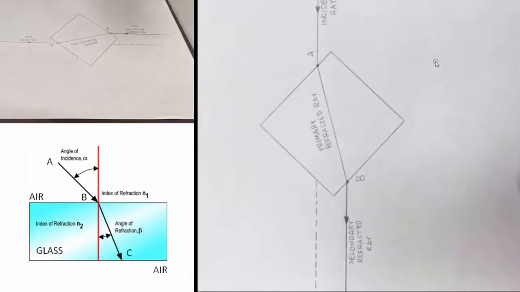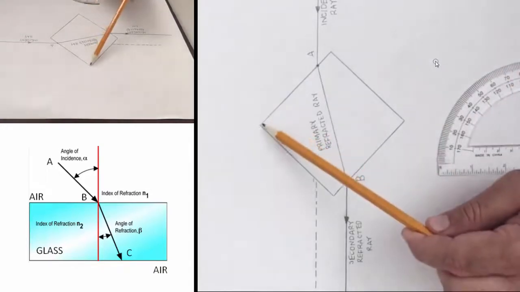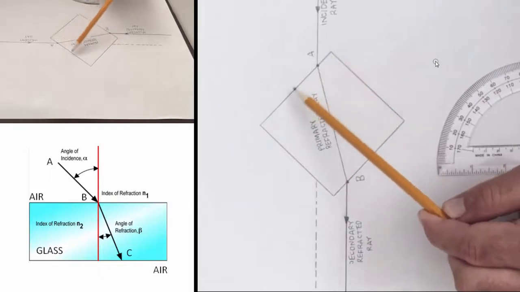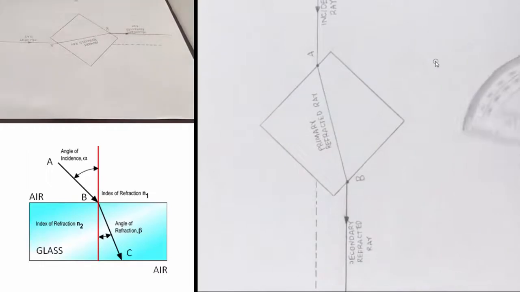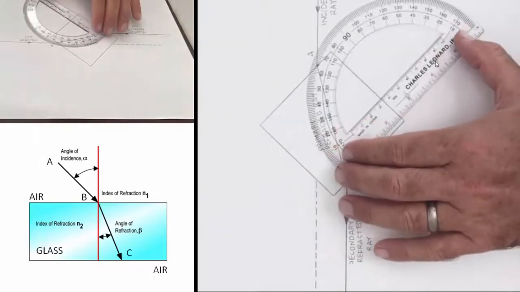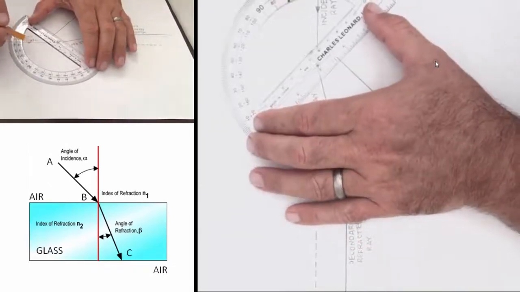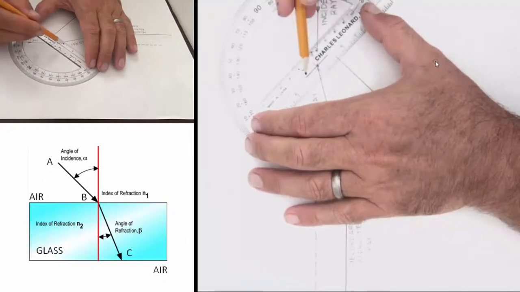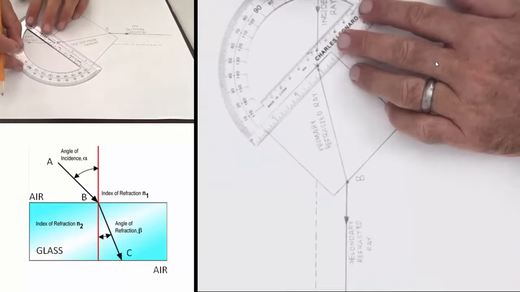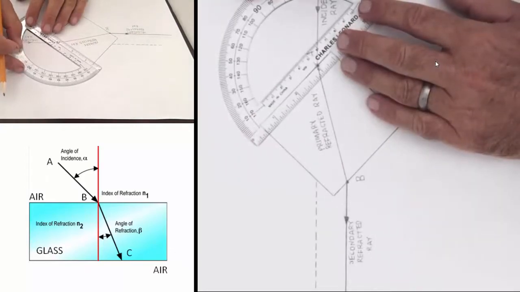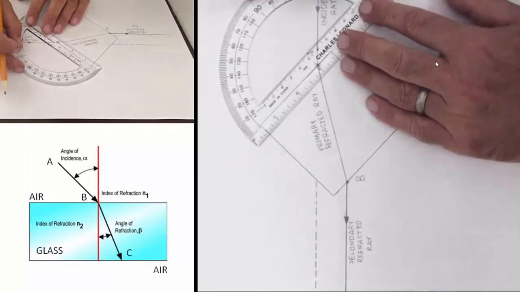That axis has to be perpendicular, at a right angle, relative to this surface at which refraction took place. We are going to use the protractor to do that. We position the center of the protractor and then align the reference line on the protractor with the surface at which the refraction took place.